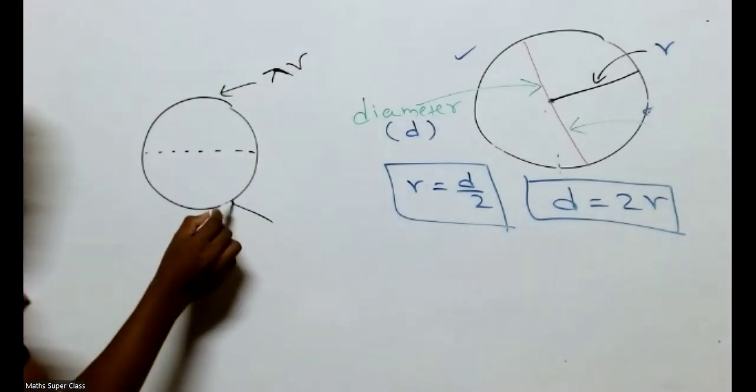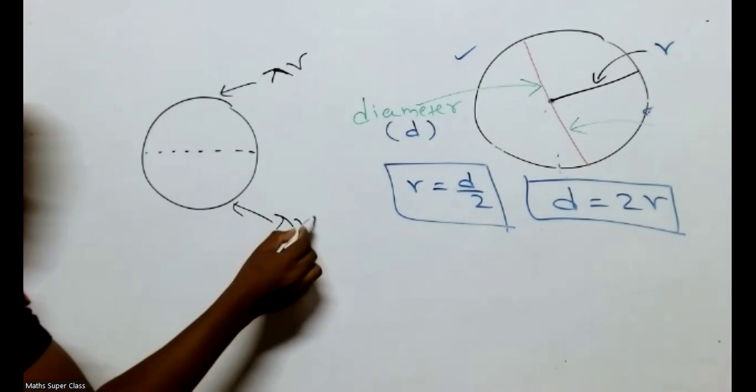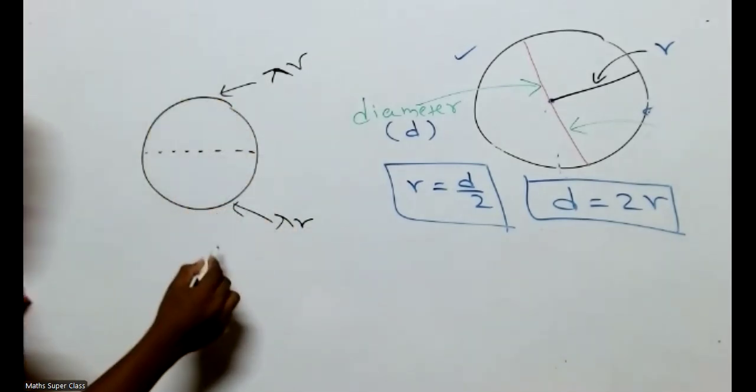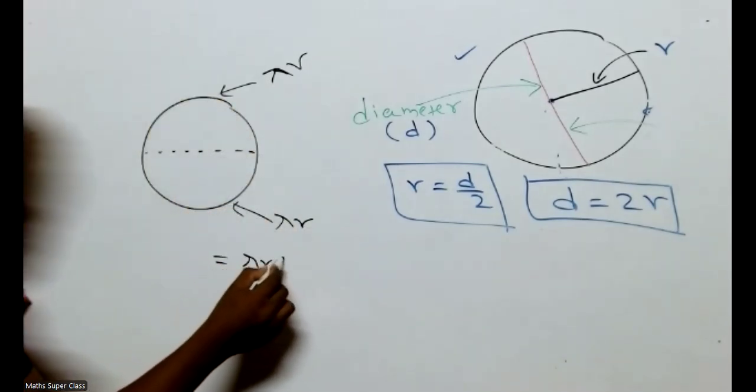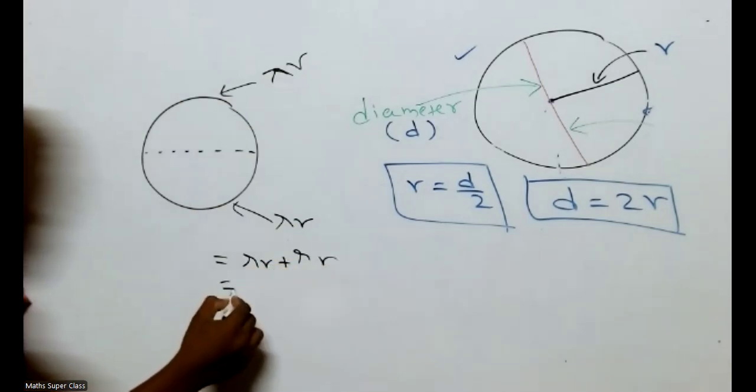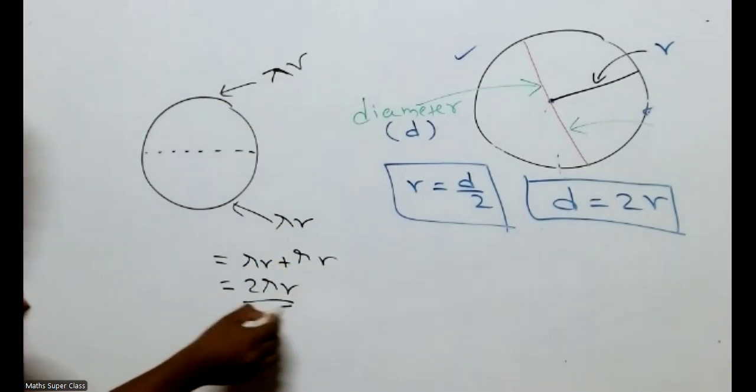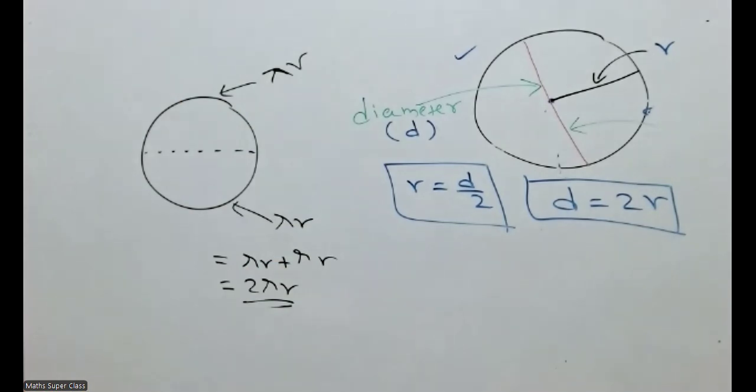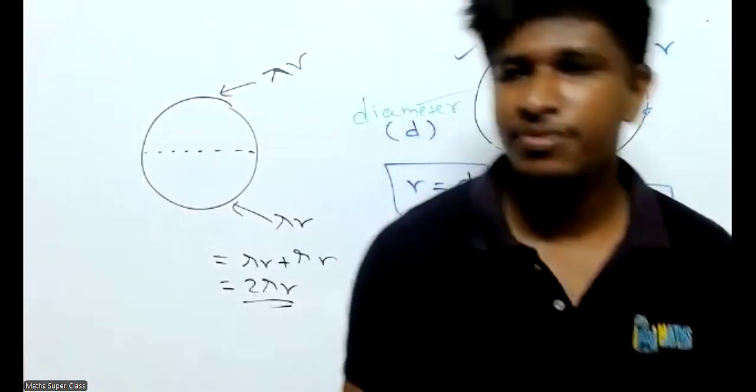This is only for Dylan. For this part also pi r. To find out this whole circumference, what to do? Pi r plus pi r. So 2 pi r. Actually, this is the result. But I know this is not a perfect answer. You know why? Because it's a formula.